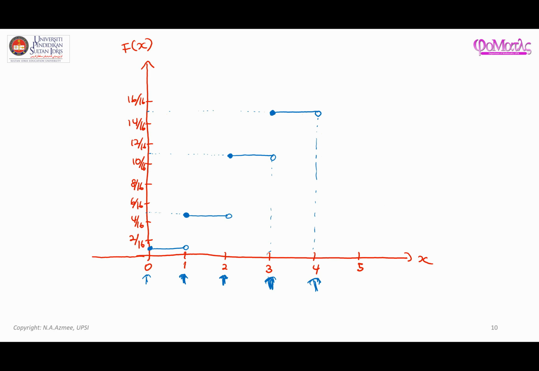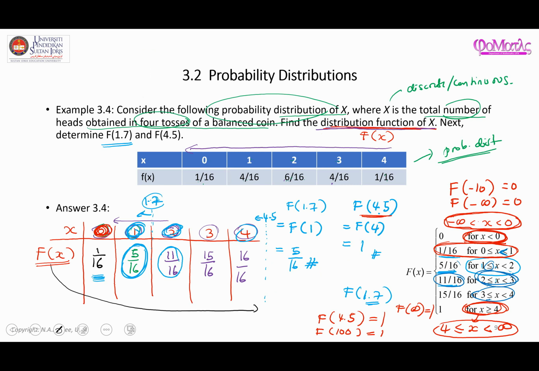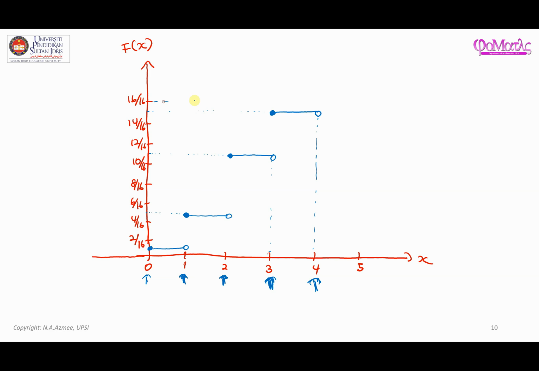And finally, what we have is 1 for x greater than or equal to 4 until infinity. So right here is 4, full circle, and the line will go on and on.